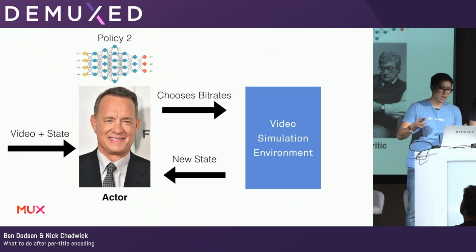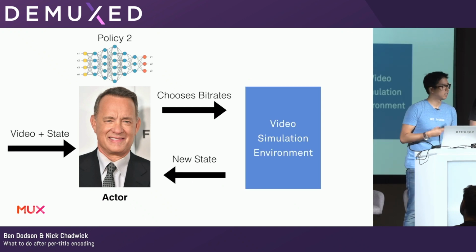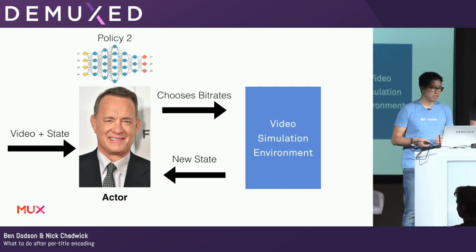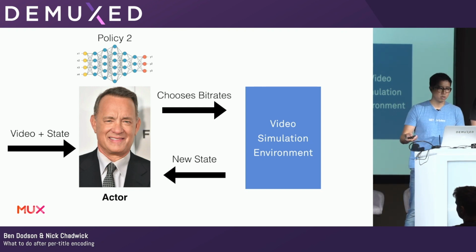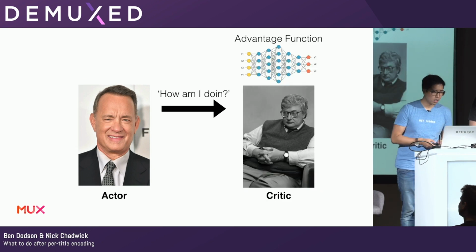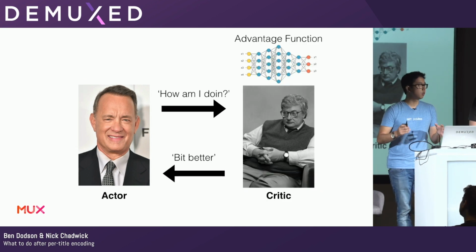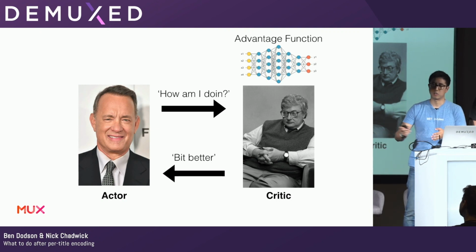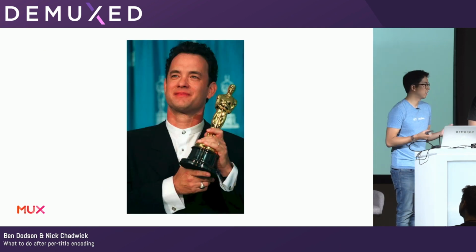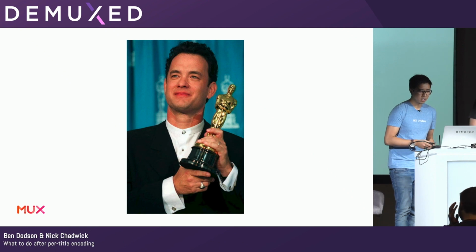It doesn't really know where to start. But as it goes back and decides to explore more policies, eventually it'll start finding improvements. And it'll go back to the critic, and the critic will weight better policies, and it'll continue exploring down those paths. And you do this a few million more times, and eventually you get an award-winning performance.